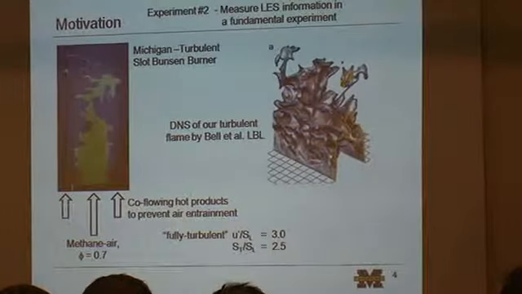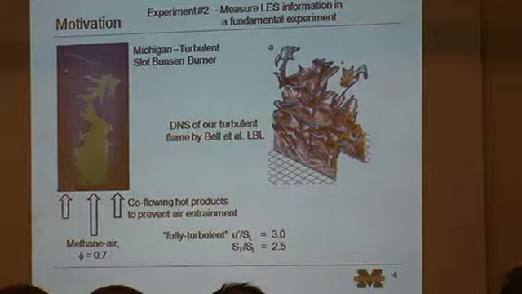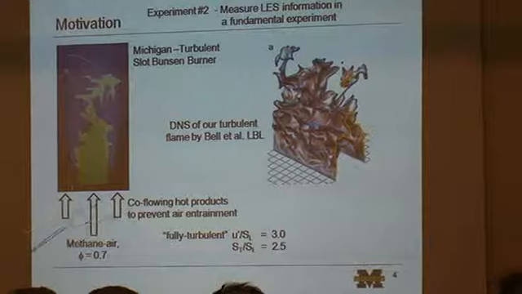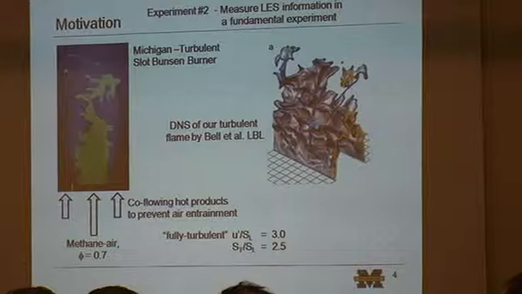The experiment I want to talk about for the next half an hour is this one. It's a more fundamental experiment in which we take methane and air, and we run it at what we believe is a Markstein number of 0, and so a Lewis number of 1. We have co-flowing hot products on both sides, and we get this turbulent flame.